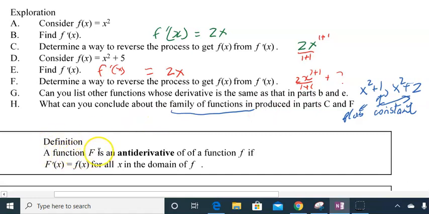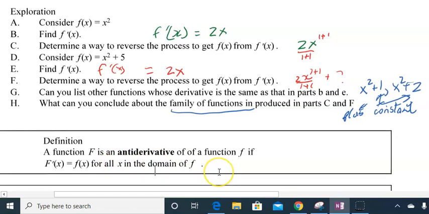A function uppercase F is an antiderivative of a function lowercase f if the derivative of uppercase F is equal to lowercase f of x for all x in the domain of f.